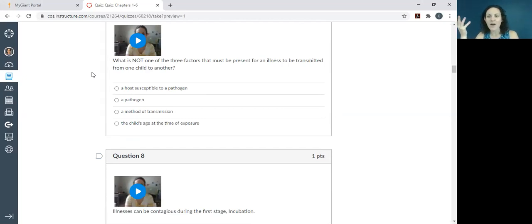I don't know if that's the song, but nonetheless, you're looking for one of the answers that is not correct. The other 3 will all be correct. 1 will not be correct. So it's kind of the opposite way of thinking. Most of the time we're asking a question and we want you to find that one answer that's correct. When it says not or never in there, you're finding the incorrect answer, essentially.